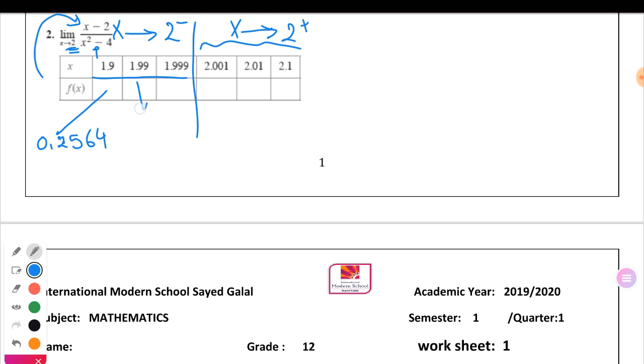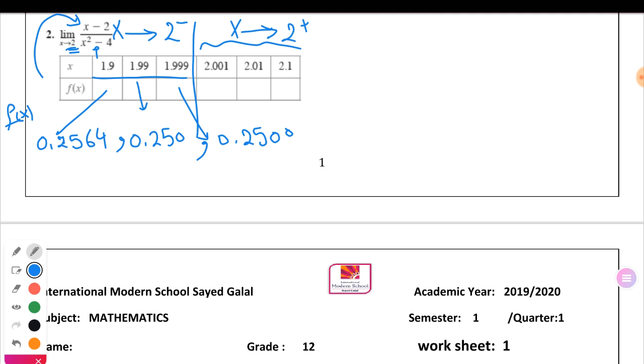Replace by the next value in the given function and it will be 0.250. It's enough to take 4 or 5 decimal places. This one is for the last value of x which approaches 2 from the left: 0.2500.